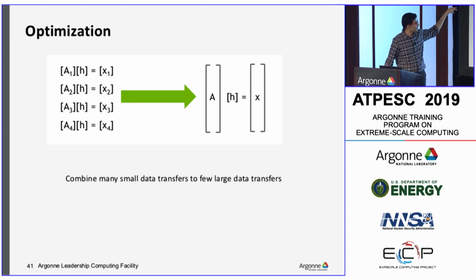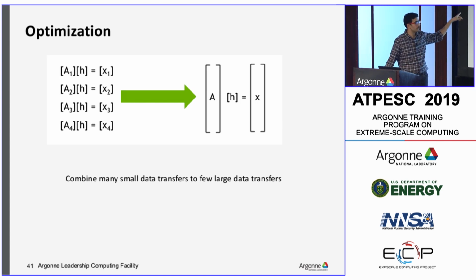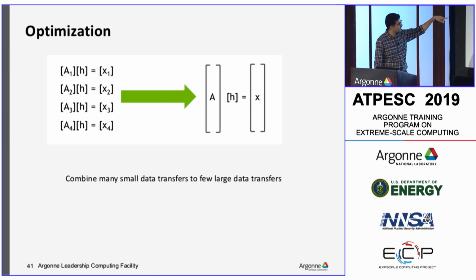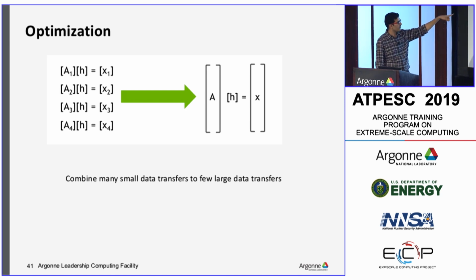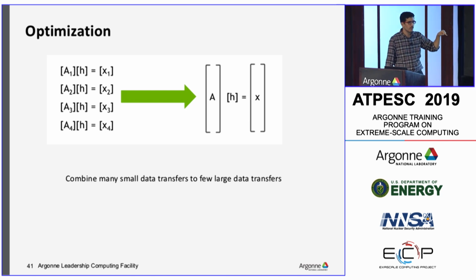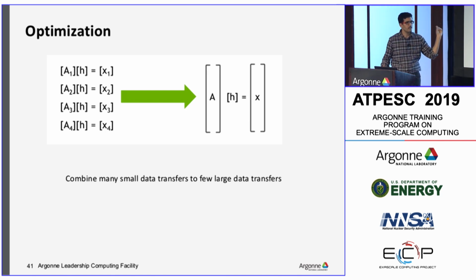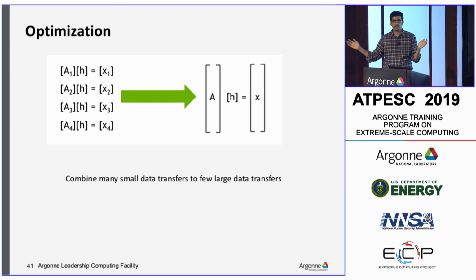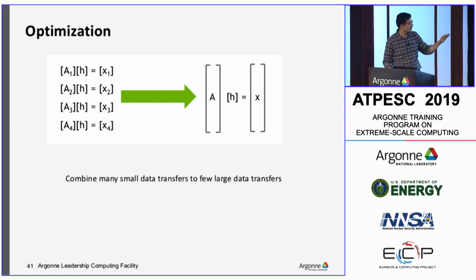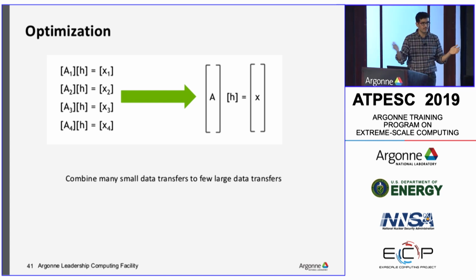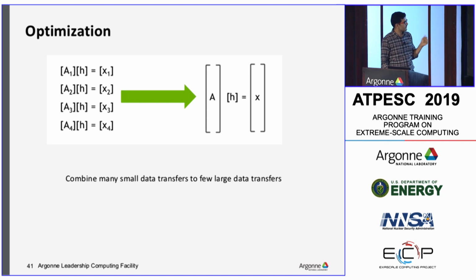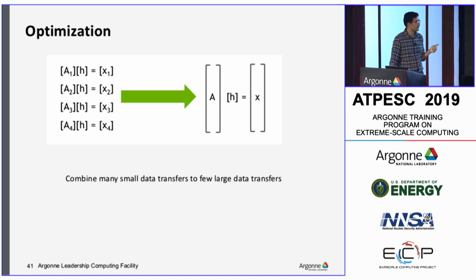Can we combine those arrays A, which correspondingly multiply with H? We are trying to reorganize the code to combine a chunk of small data transfers into a few large data transfers. That's one optimization way that we could use.